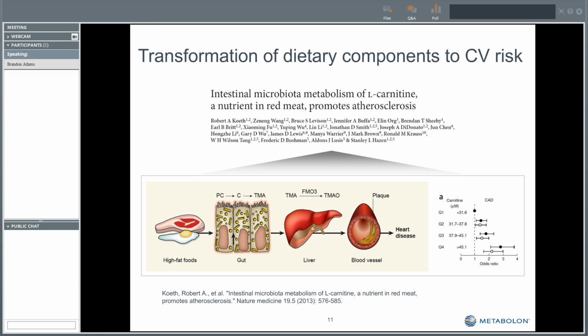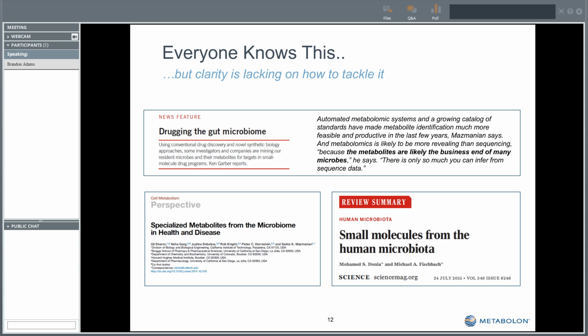And our liver can further convert trimethylamine to trimethylamine N-oxide, which is the metabolite that is associated with increased cardiovascular disease risk. So the examples that showcase the importance of those microbial-derived metabolites can go on and on and on.